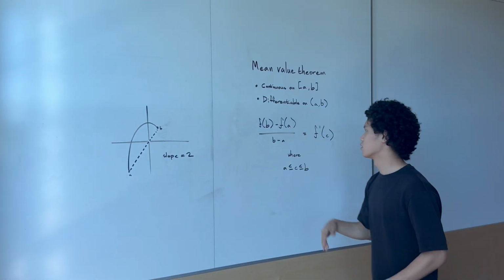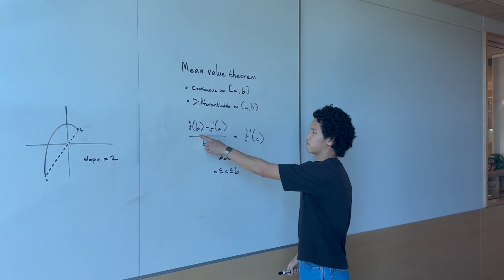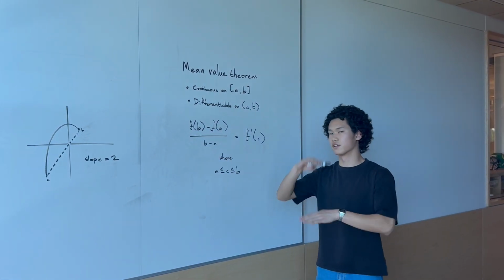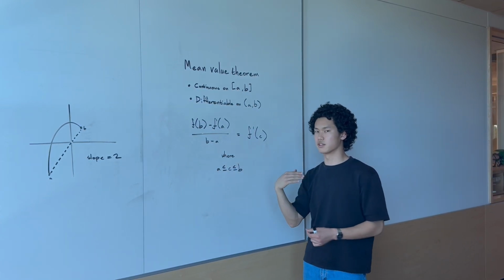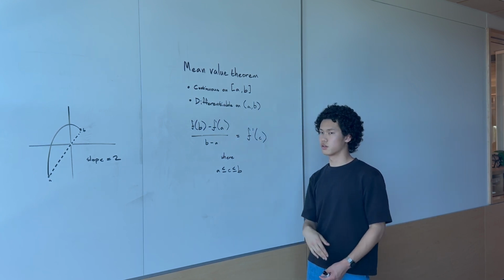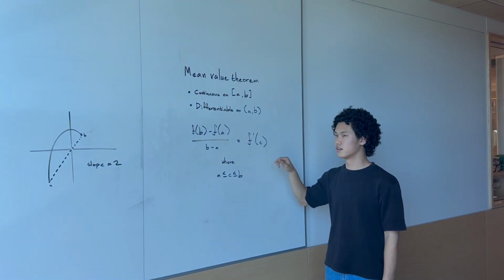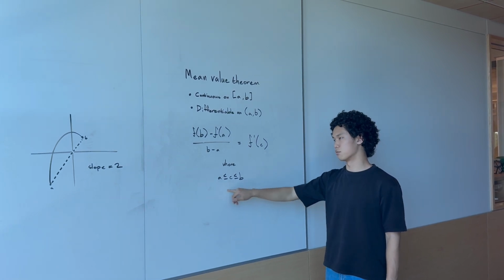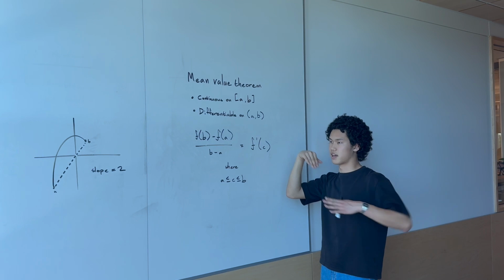So coming back to here, what this represents, f of b minus f of a will give you the difference in y value, and then b minus a will give you the difference in x value, and then putting this in a fraction will effectively give you the slope, and f prime of c, c being some point between a and b, will give you again the slope.